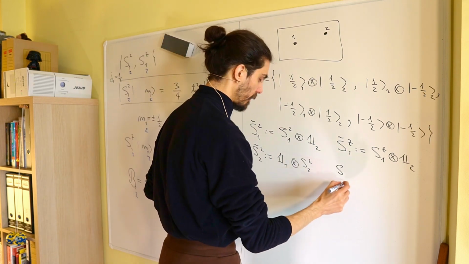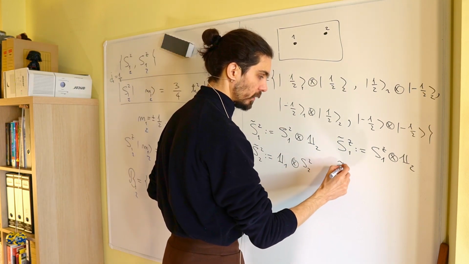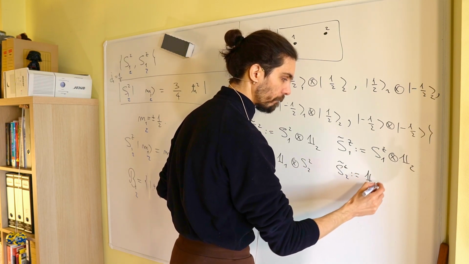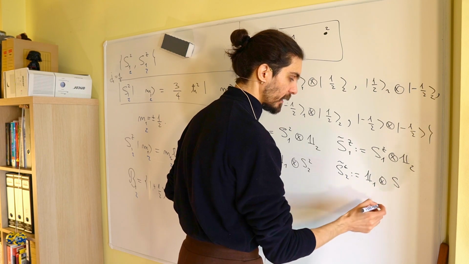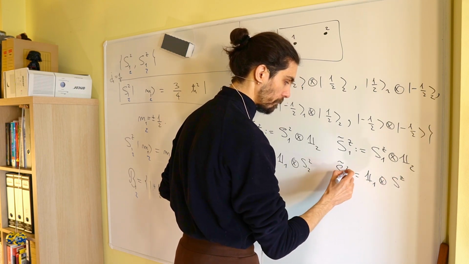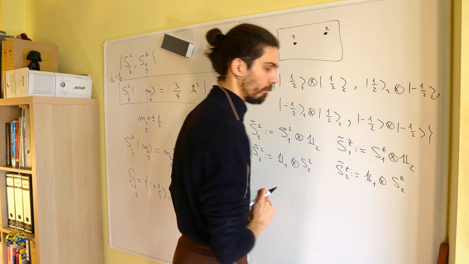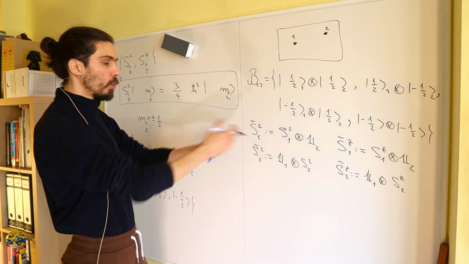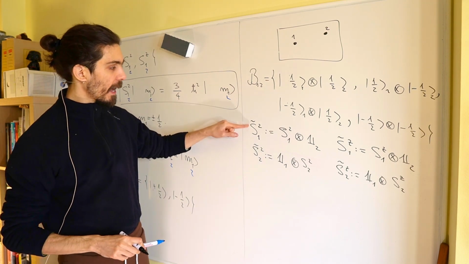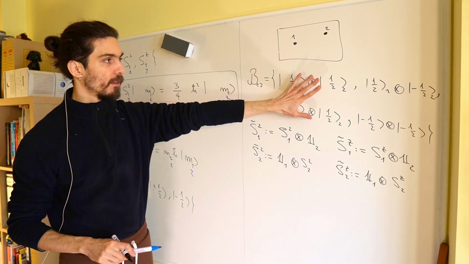And finally, S2z tilde is the identity at 1 tensor with S2z. So we constructed these new operators from the old ones. But you see, the action of these operators is well defined in this space.